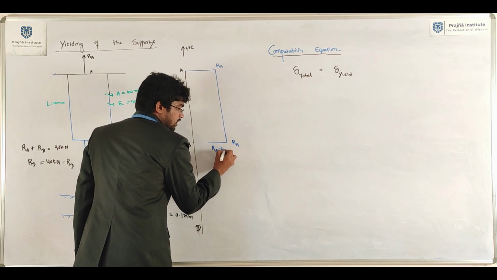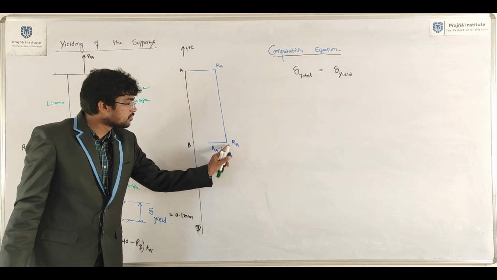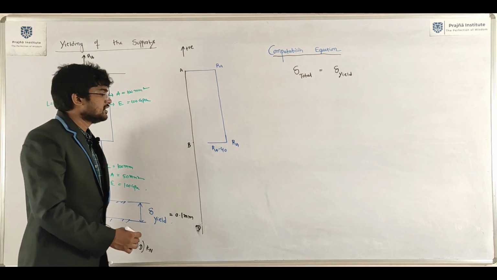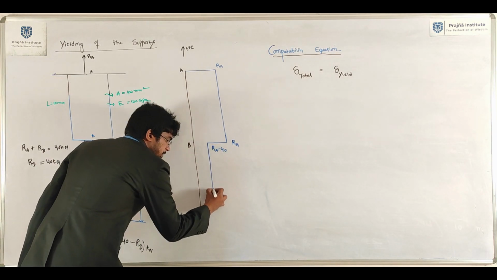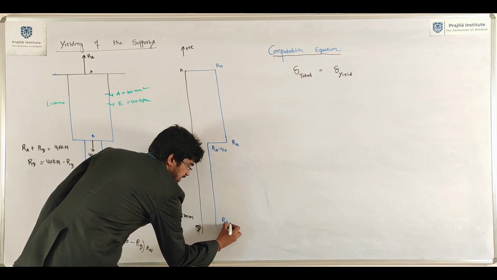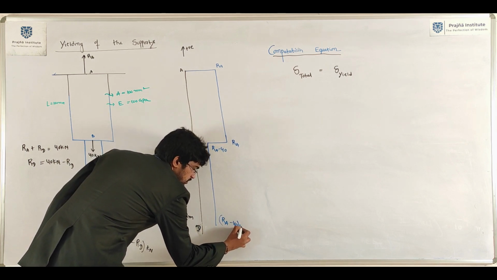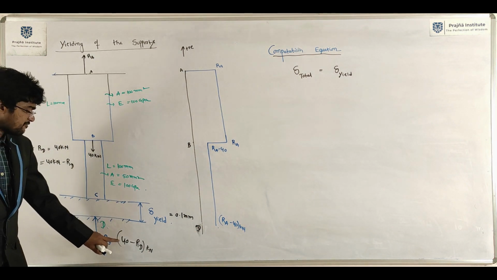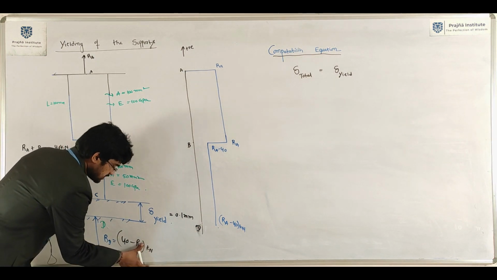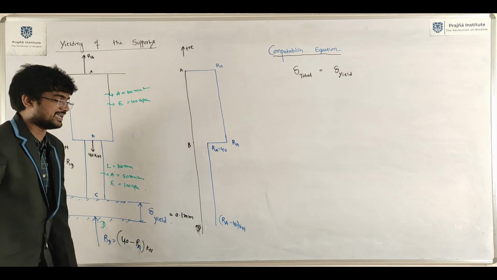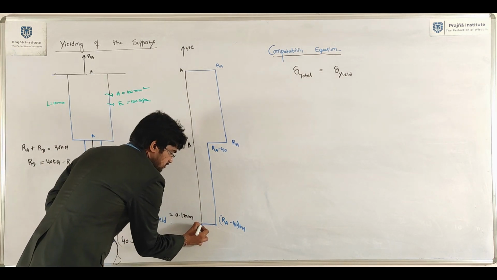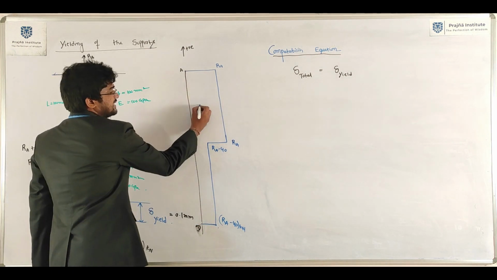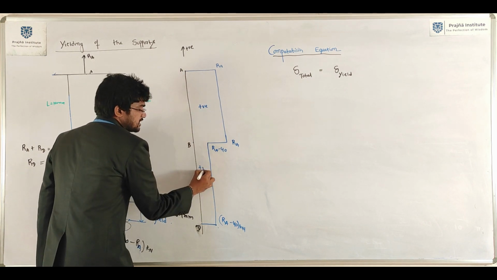RA minus 40 kilonewton. You move left. Come up to here, RA minus 40 kilonewton. Then 40 minus RA, just add it. It will get 0.